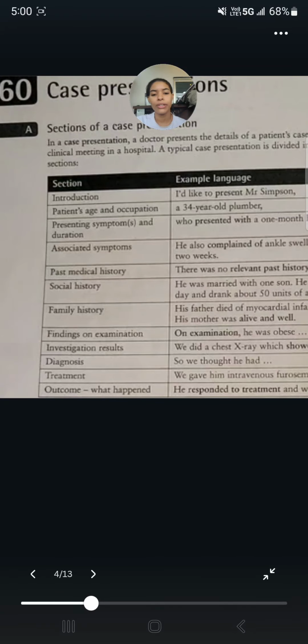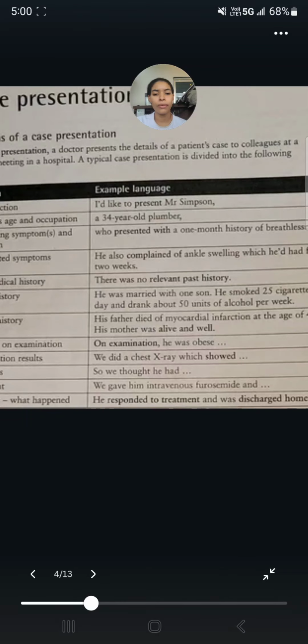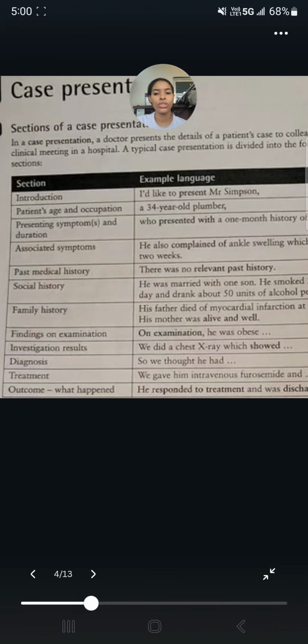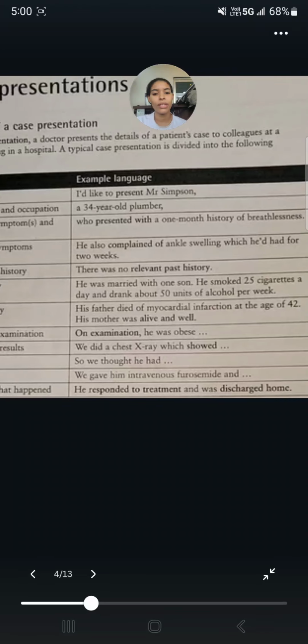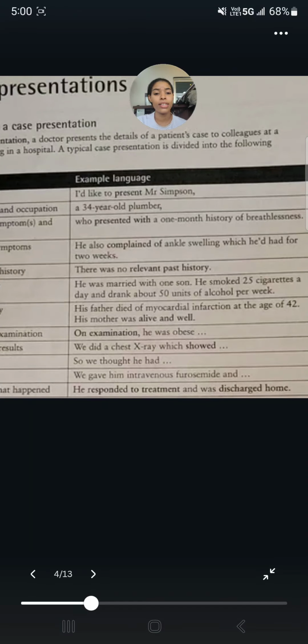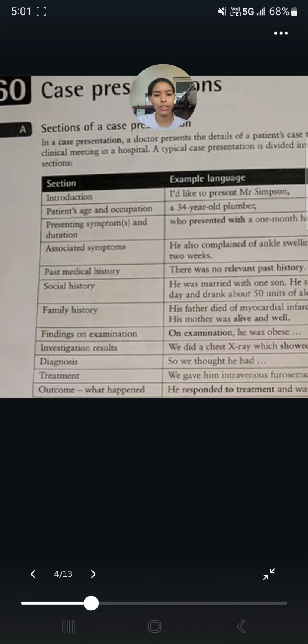Past medical history: there was no relevant past history. Social history: he was married with 1 son. He smoked 25 cigarettes a day and drank about 50 units of alcohol per week.